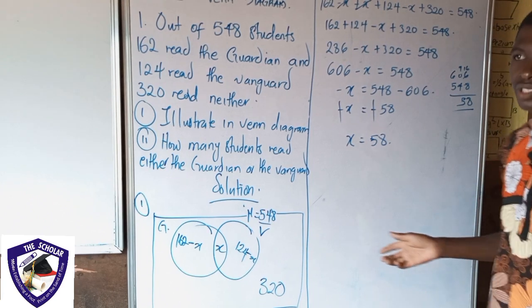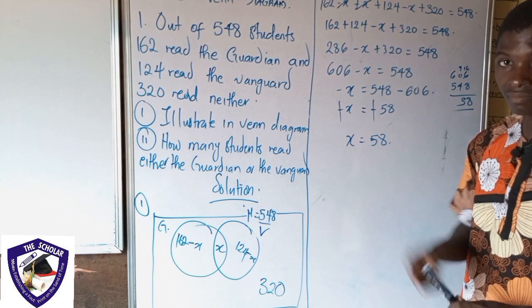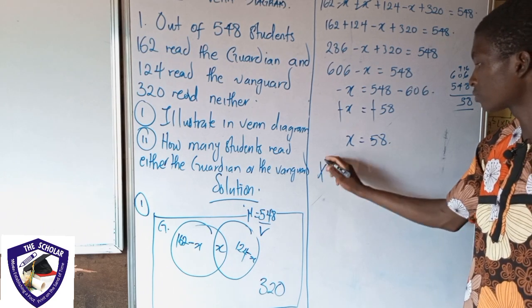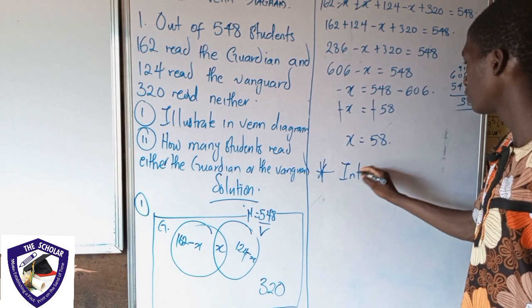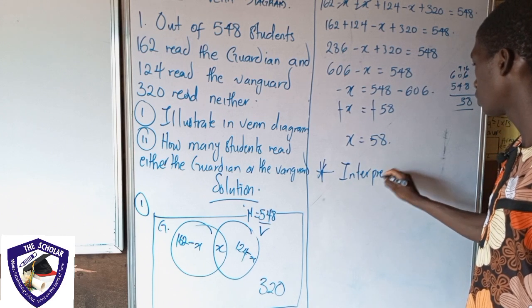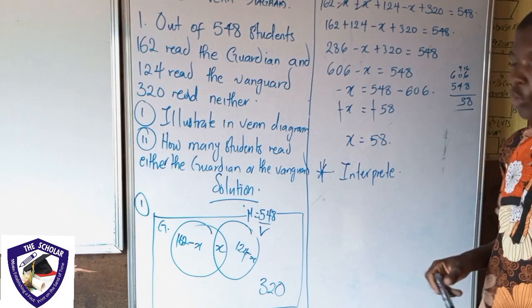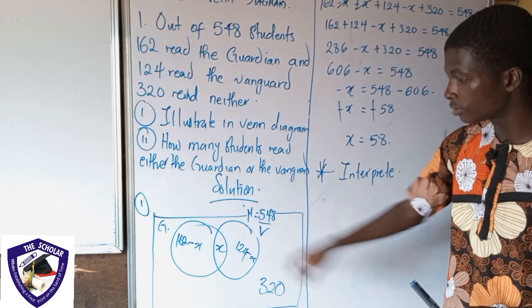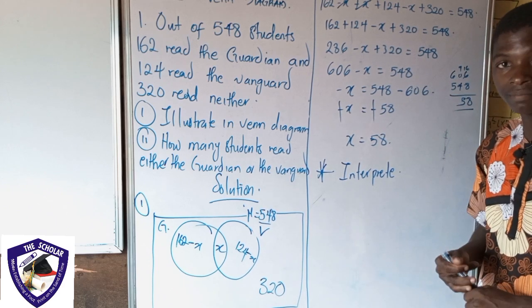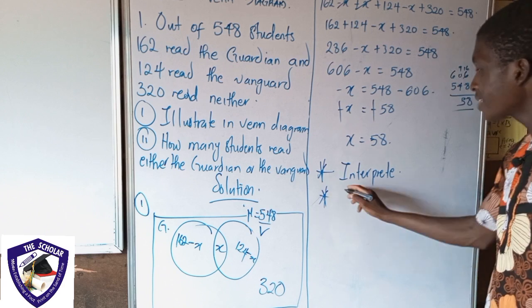At times you might have questions having 3 elements. All we need to understand, key number one, is to be able to interpret. When you check very well, the first thing I did was to interpret the question. I interpreted the question, then I got my Venn diagram. Then the next thing I did was to assign values.